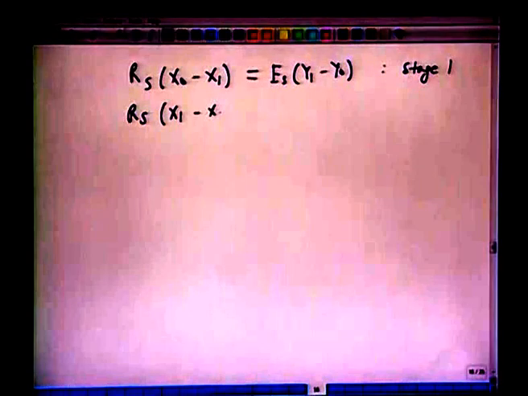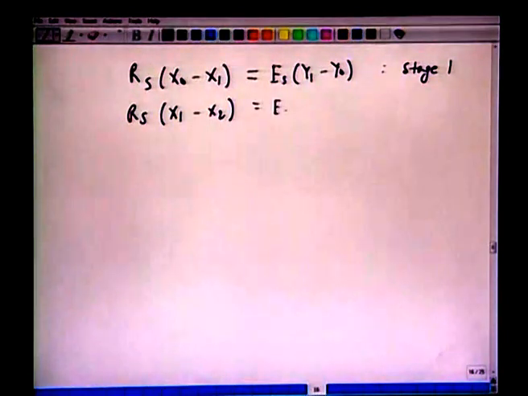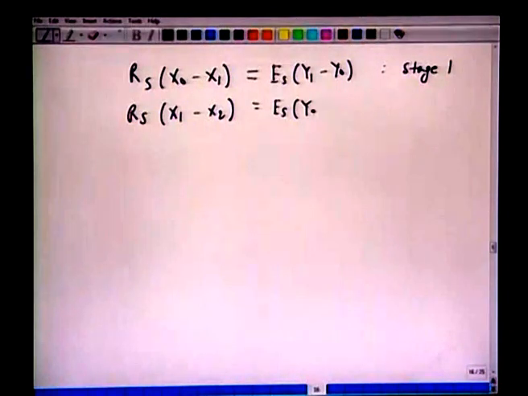Okay, we can write down the same for stage 2. Rs will not change. This is solid free basis solvent. So solvent flow rate will remain the same. This will be Rs, now this would be (x1 minus x2). So this is second stage. This will equal Es. We are assuming Es1 is same as Es2, so we don't have another subscript here. So this is Es, and now we have (y2 minus y0).